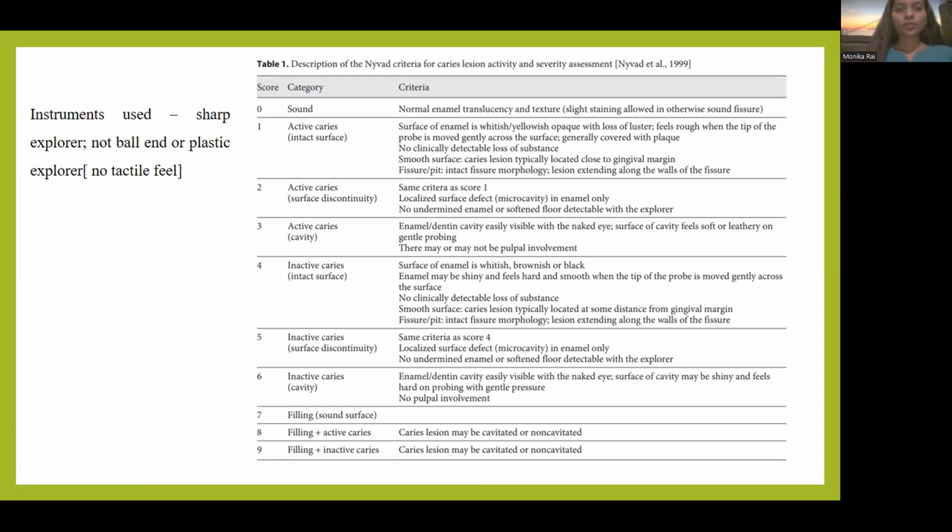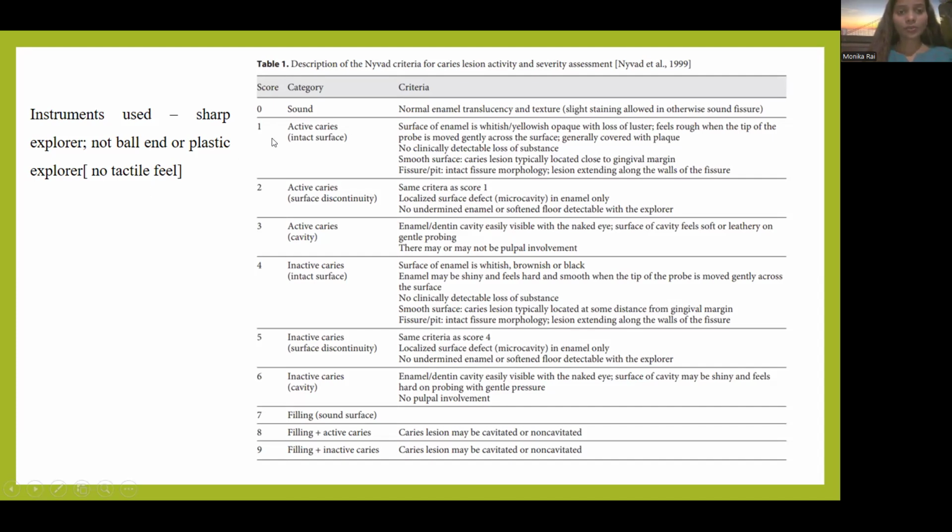So the description of Nevitt's criteria for caries lesion activity and severity index, which is given in the year 1999, sorry. So instrument used are sharp explorer, not ball end or plastic explorer, no tactile feel.